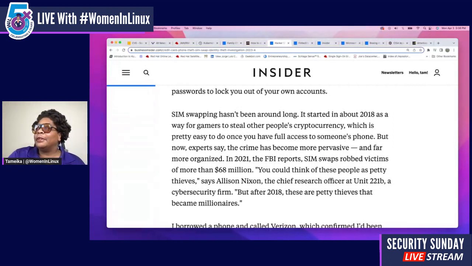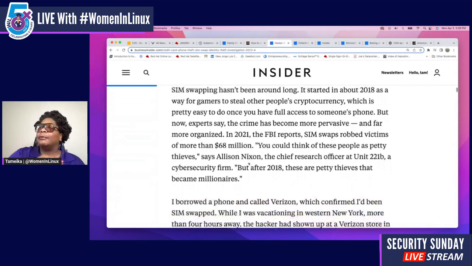But now experts say the crime has become more pervasive and far more organized. In 2021, SIM swaps robbed victims of more than $68 million. That's $58 million more than what we just saw with the family office, right?